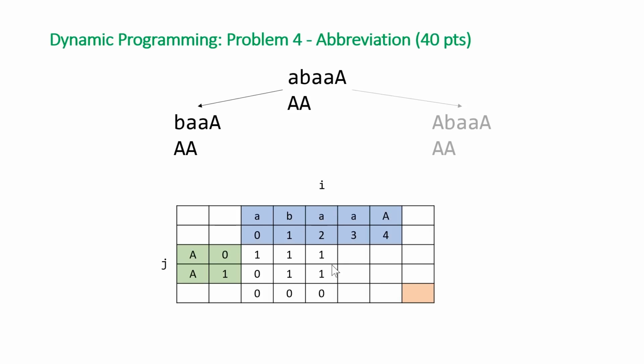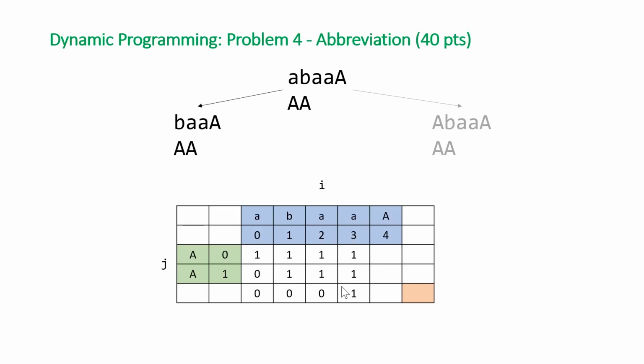Once again, this is lowercase, so we'll be able to set these two squares both to 1. And because we're able to match this a with our second a, we're going to be able to set this square here equal to 1. So j plus 1, I plus 1 at this box produces this box down here equaling 1. We're going to do the same thing now with this character. Once again, this will be 1, this will be 1, and we have two cases here.